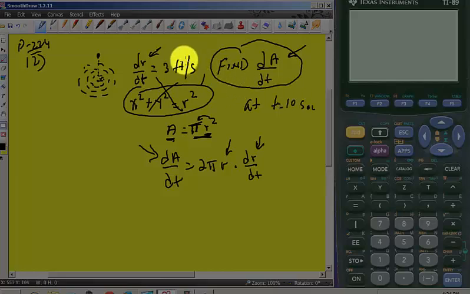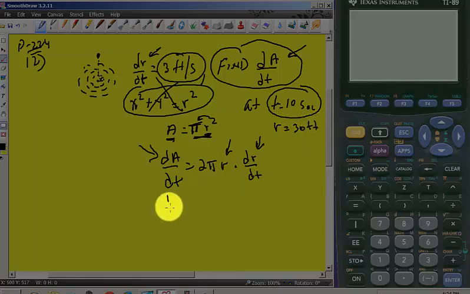We do know the radius is increasing 3 feet per second. So at 10 seconds, it's going to be 3 times 10, which is 30 feet. So at 10 seconds, r is going to be 30 feet.